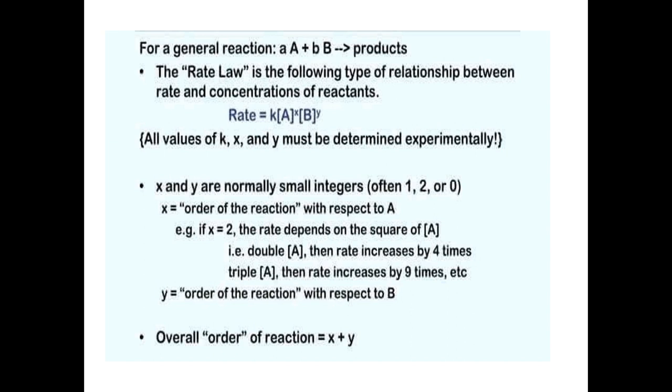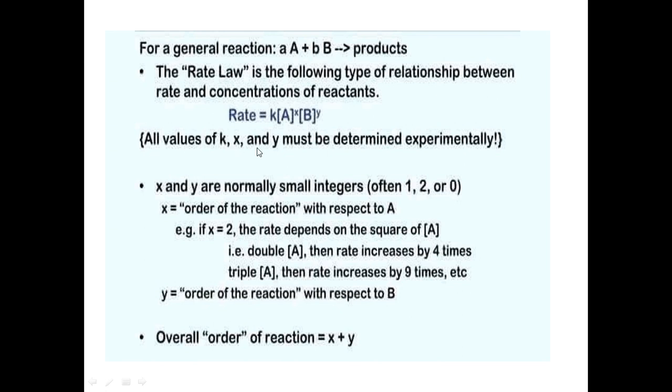Let's have this general reaction in which A plus B gives us a particular product. Now the rate law of this reaction says that the rate is proportional to the concentration of the A and that of the B, because the A and the B are the reactants in this reaction.